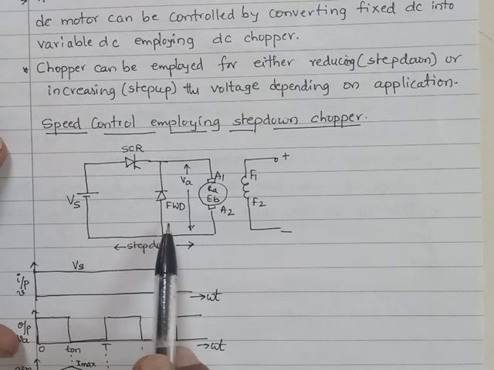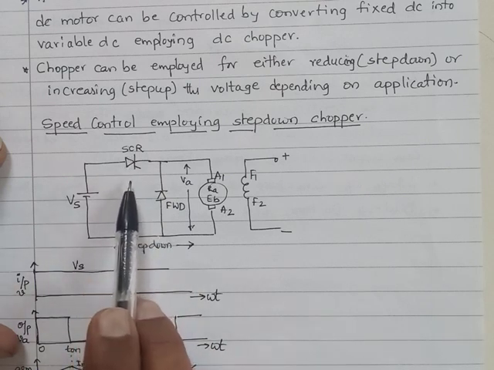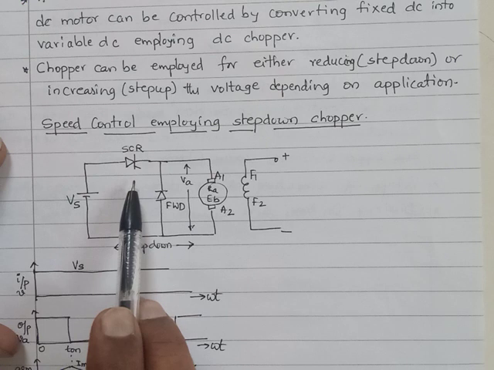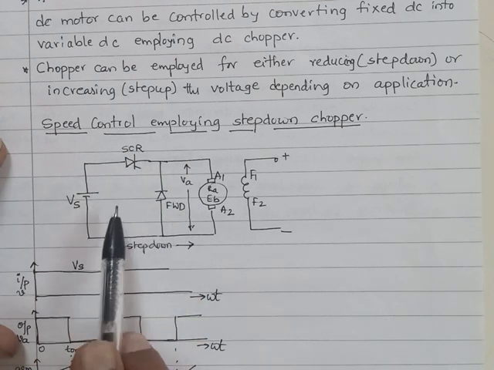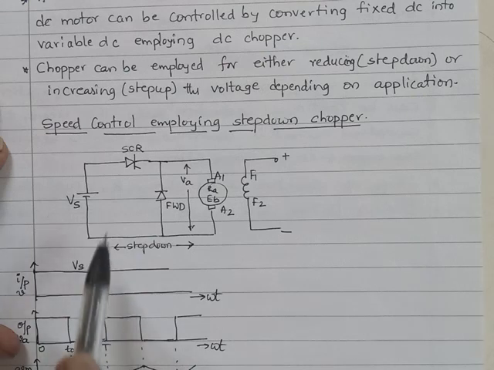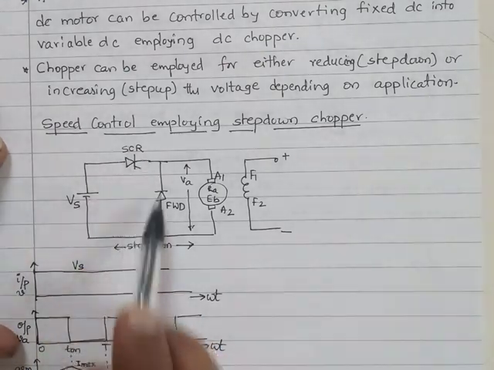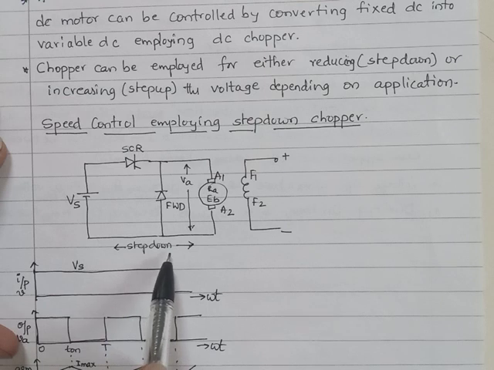A freewheeling diode is used and SCR is used. We require here a control switch, a solid state switch. We can use a transistor or an SCR. In this circuit, we have shown an SCR as the control switch. So, the circuit comprising of this SCR, this part, this is the step down chopper configuration.